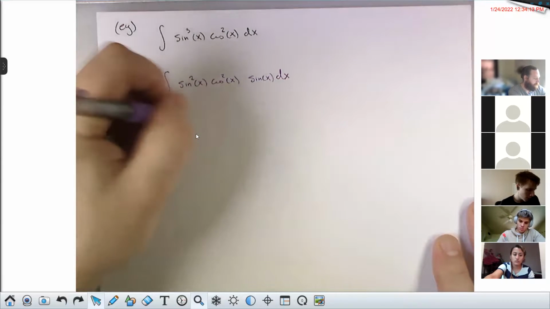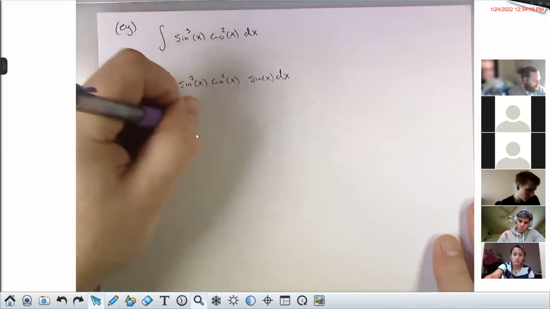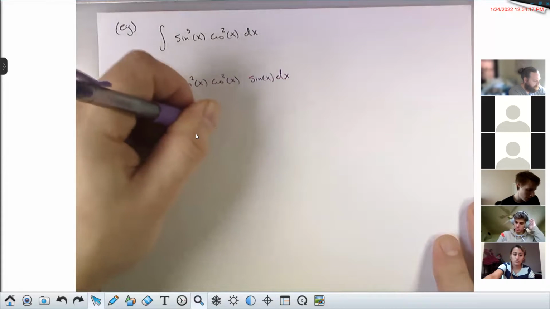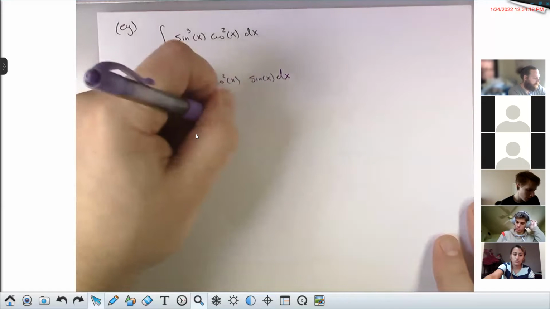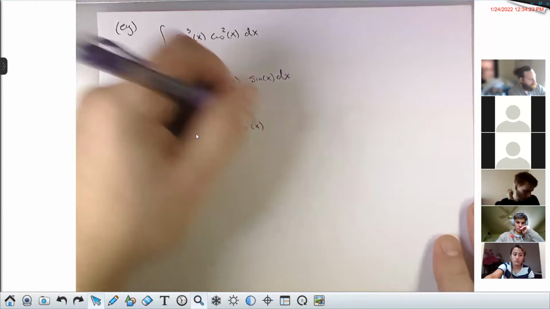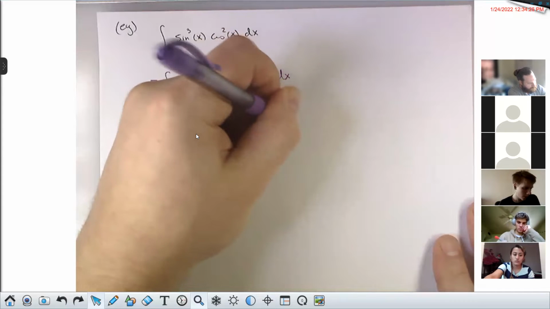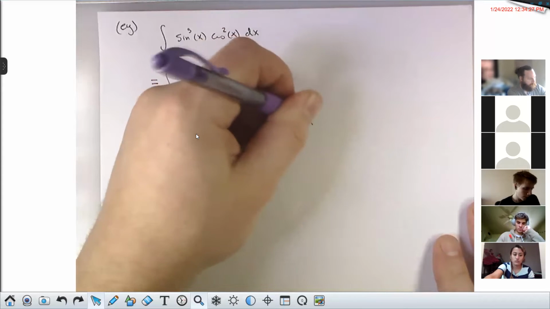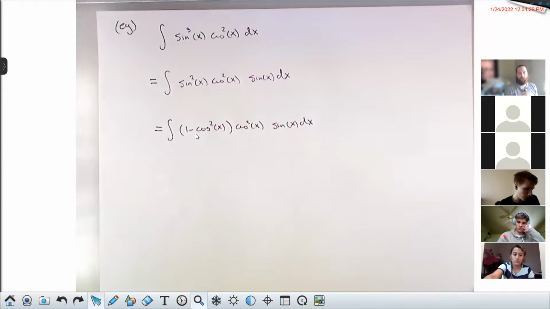And I do that by using the fact that sine squared theta, or sine squared x, is 1 minus cos squared x. And what I'm doing is setting up a u sub. This is now a great integral to substitute for cosine in.